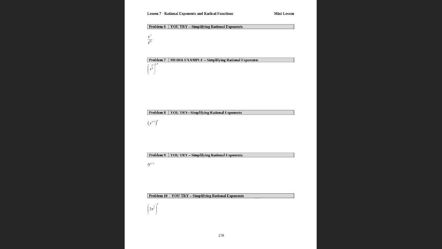So this should give us 2 to the power 4, or 4 times 1, because 2 is 2 to the power 1, times x to the power 1/2 times 4. 2 goes into itself 1 time, 2 goes into itself 2 times.